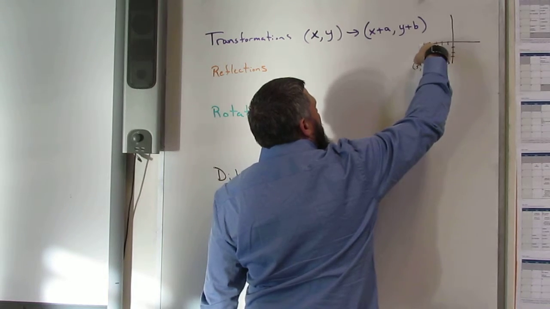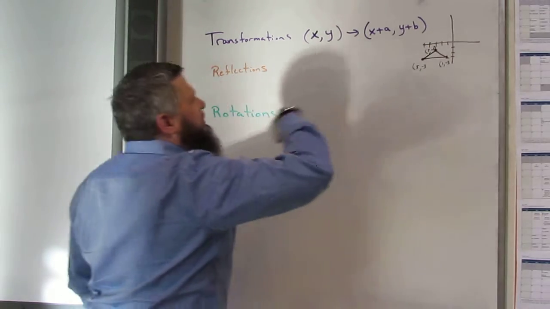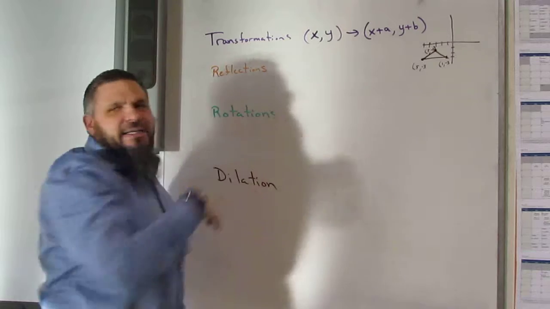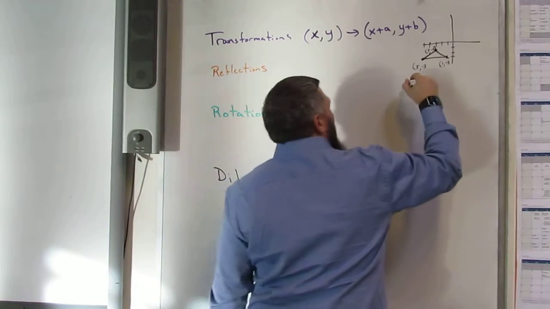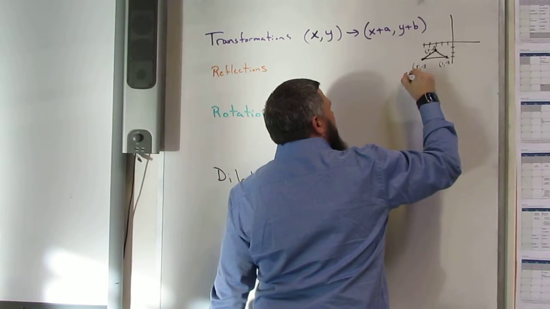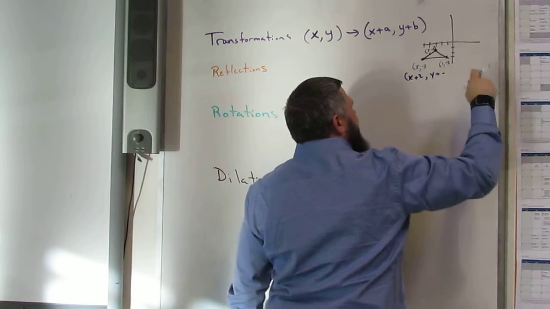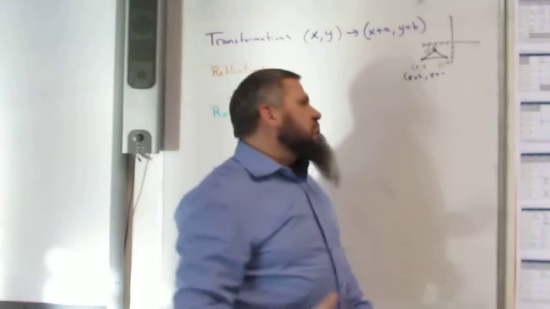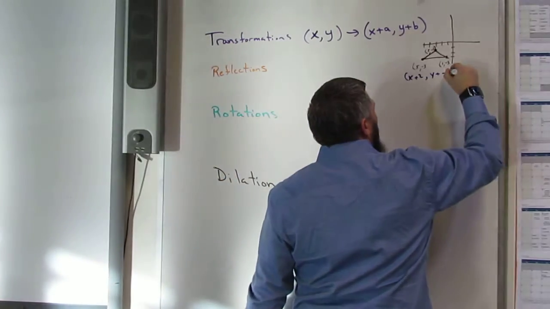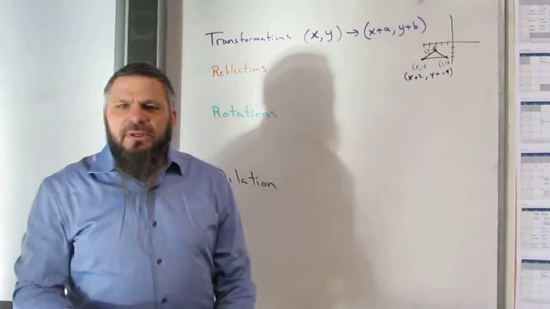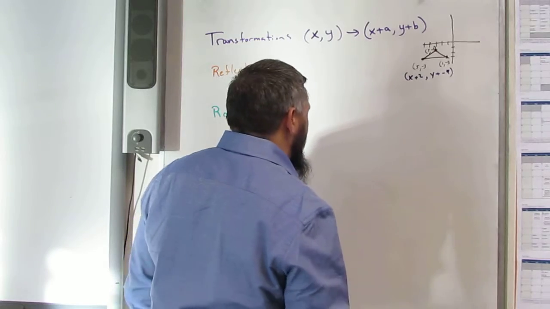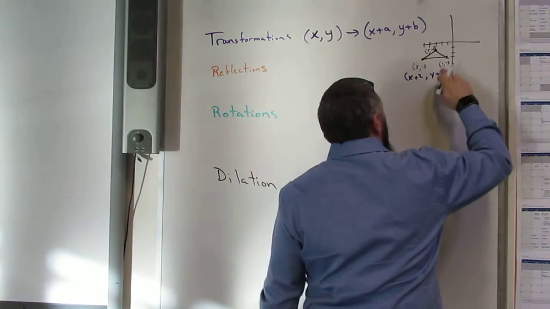Let's add 2 to the x's. We'll say x plus 2, and we'll say y plus 4. No, let's not do -4.